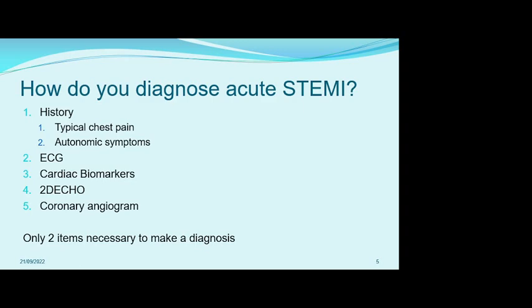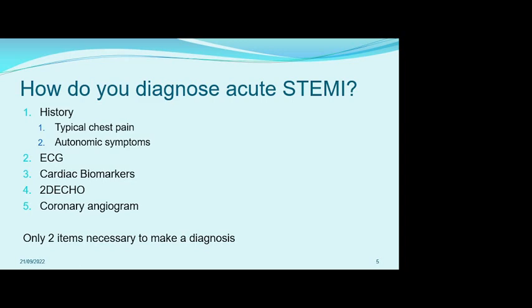Usually they will say diffuse chest pain. They will usually show with the palm of their hand. And also they can have autonomic symptoms like sweating, vomiting, nausea, etc. And this chest pain might radiate to the jaw in addition to the central chest pain, or maybe along the left arm.